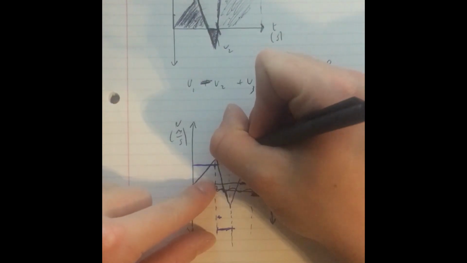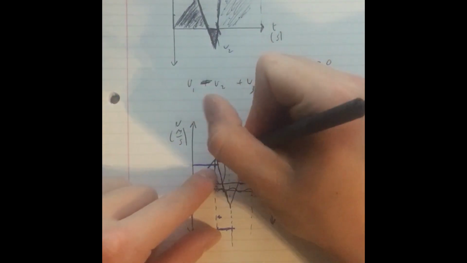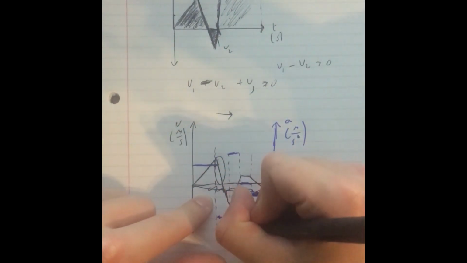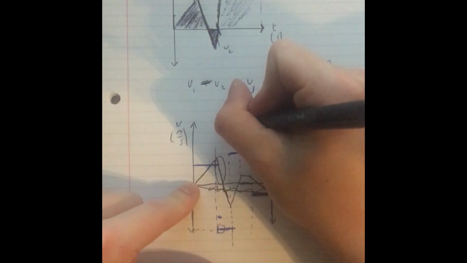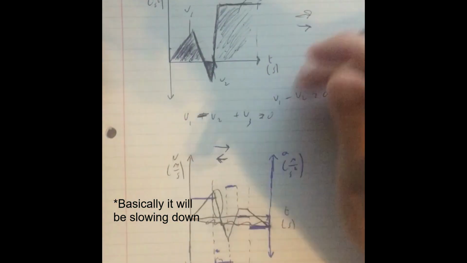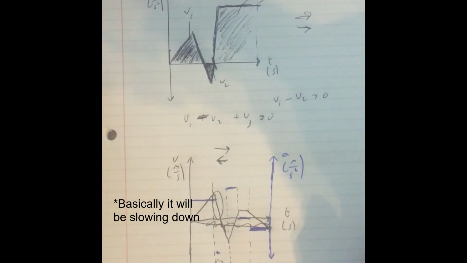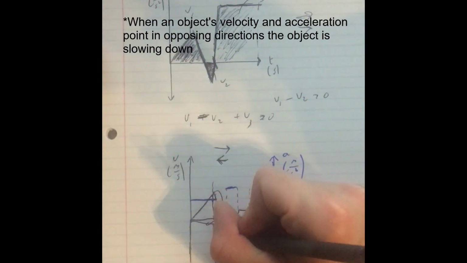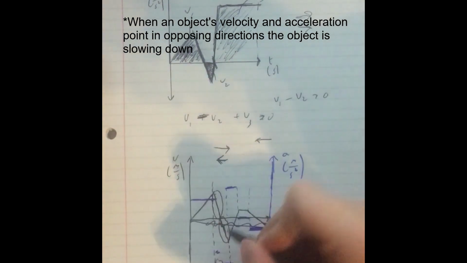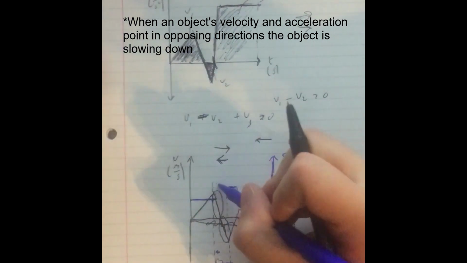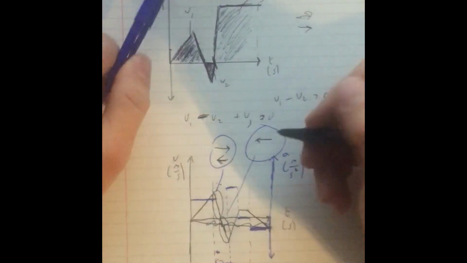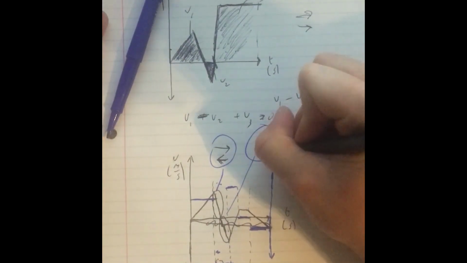Right here, for example, velocity is positive, so the object is moving this way, but acceleration is negative, so it will be decelerating, or accelerating in the other direction. It only starts moving in the other direction when velocity dips below 0. Then right here, velocity and acceleration will both be in the negative direction.